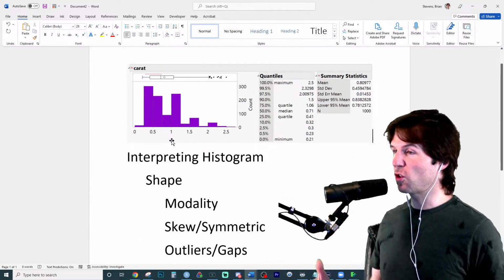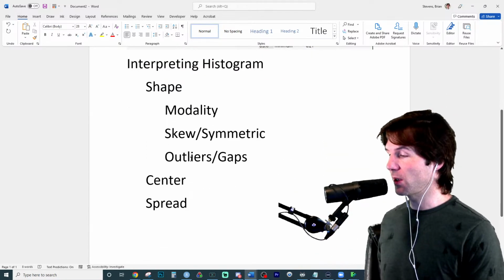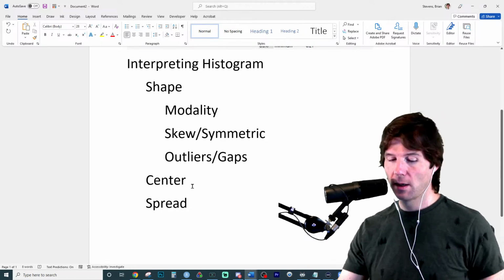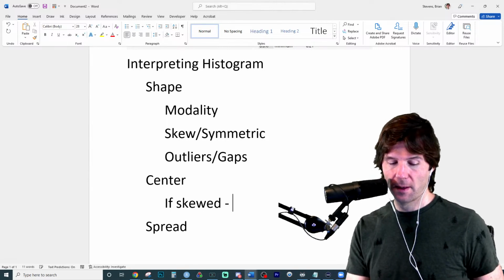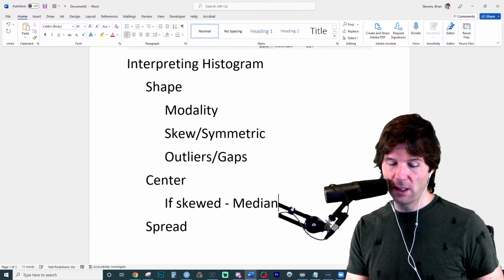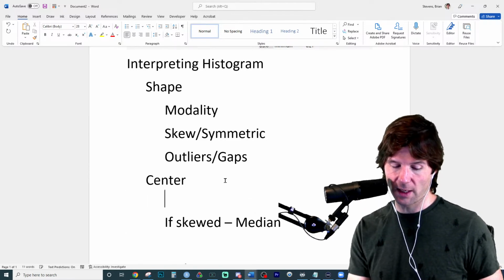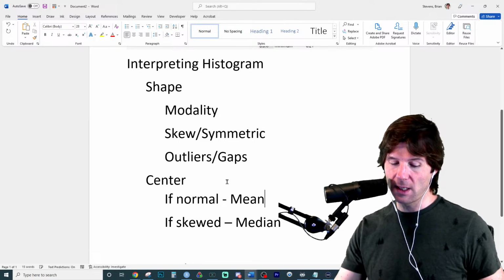Now, shape is so important because, and this is what we're going to start today's lecture with, center and spread depend on the shape. If skewed, the center is median. If normal, we'll draw what a normal looks like. If normal, then it is the mean.